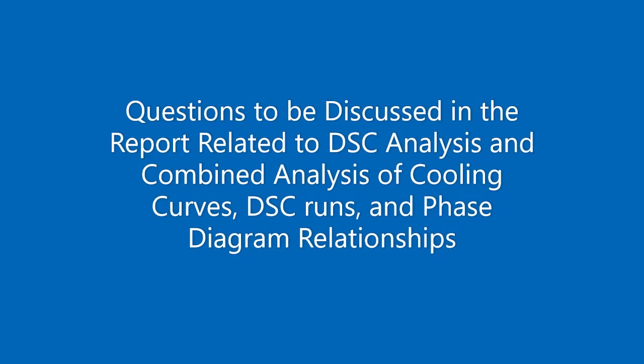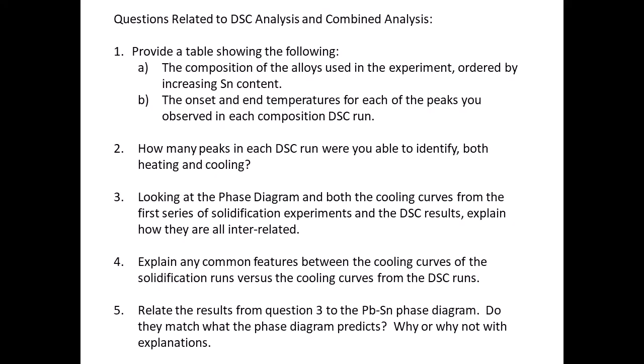Now we will discuss the aspects of the report related to the DSC analysis, as well as combining the analysis of the cooling curves with the DSC runs, as well as interpreting their results relative to the phase diagram. To begin, provide a table in the report showing the following: the composition of the alloys used in the experiment, ordered by increasing tin content.